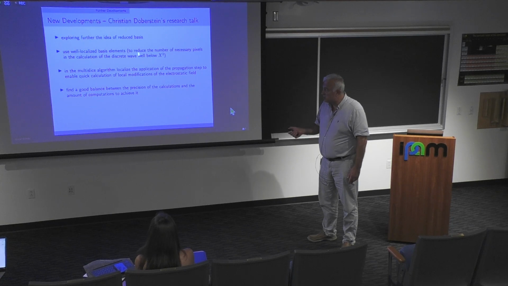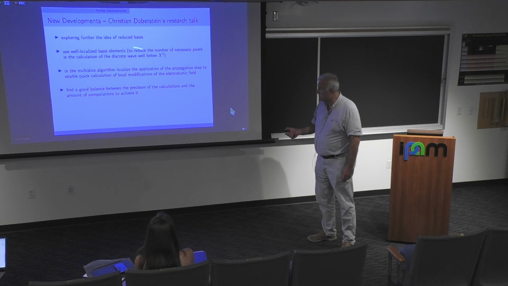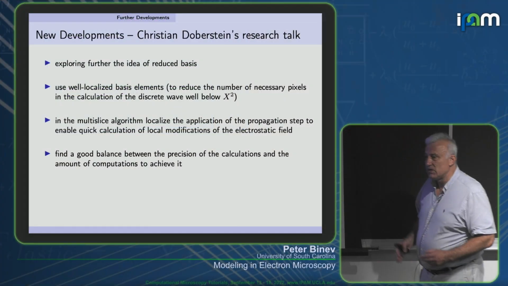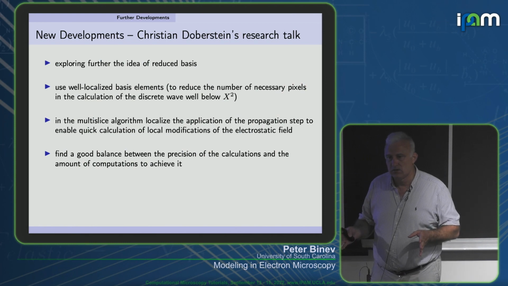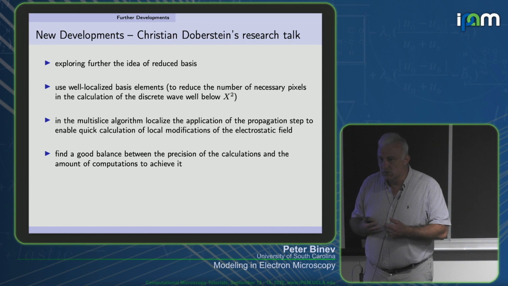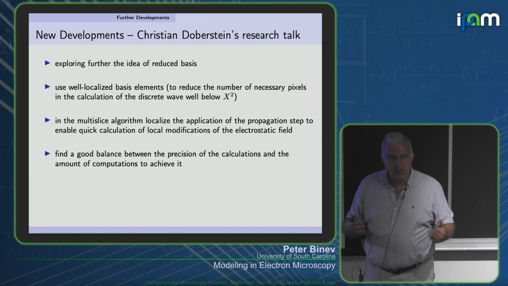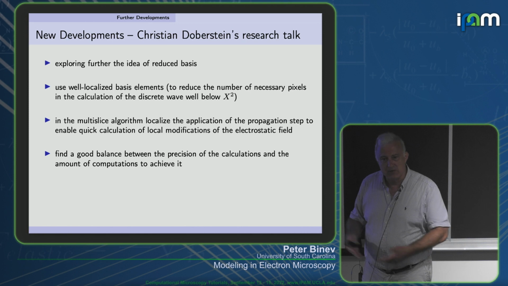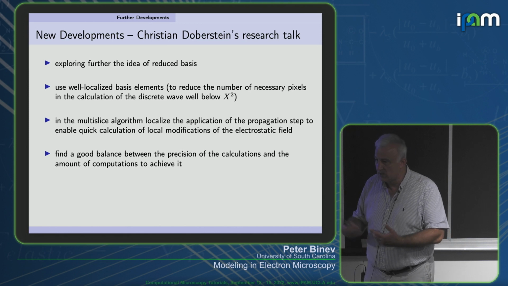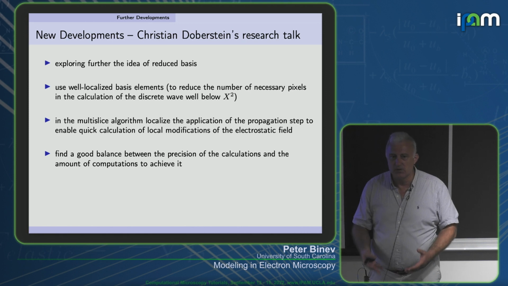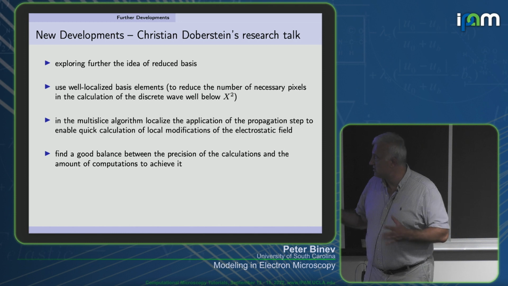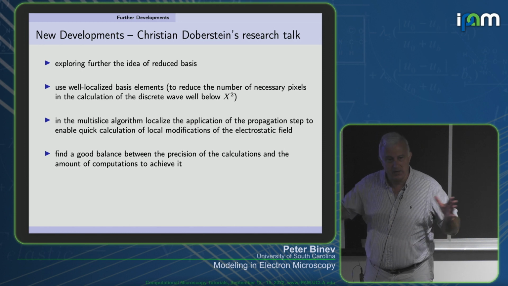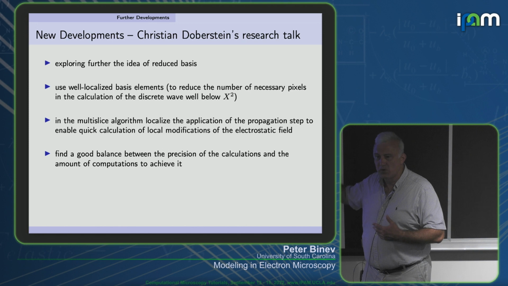The other way, which I think is the best, and Christian will talk about that, is that instead of elementary functions, we use well-localized bases. There are trigonometric bases which are well-localized, and the probes we are calculating are well-localized, so we don't need the whole x square amount of pixels to know what it is.